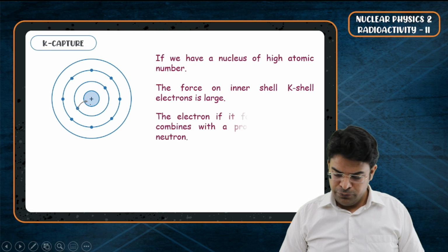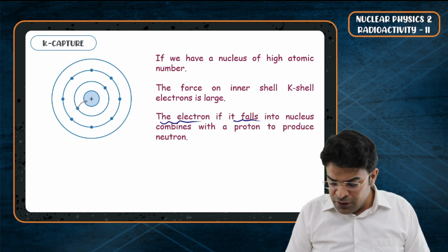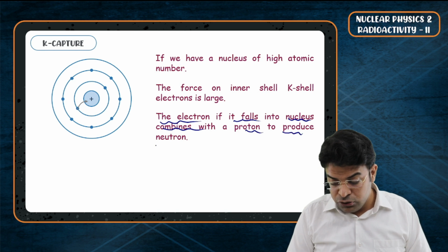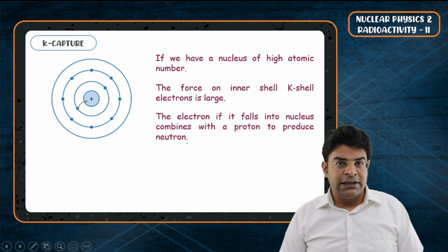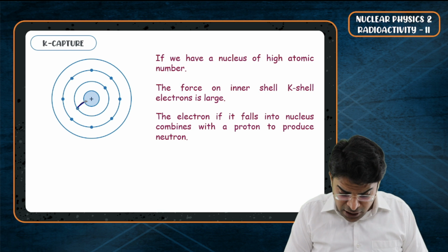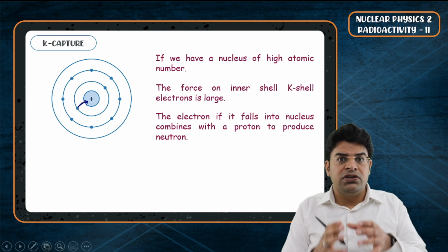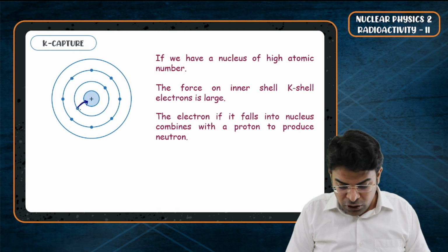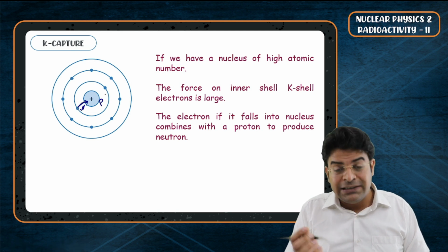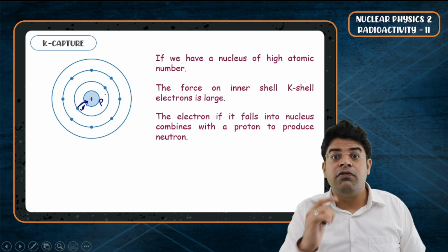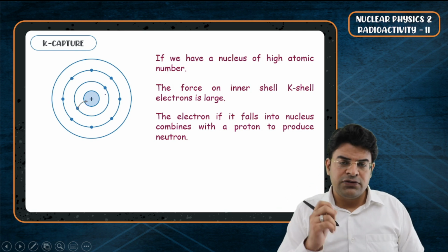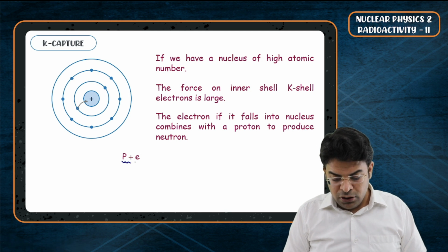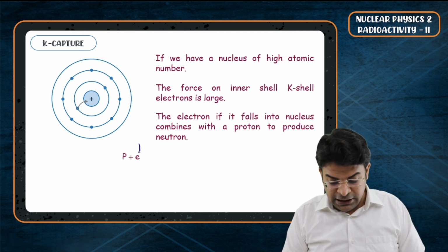Then what happens? The electron, if it falls into the nucleus, combines with a proton to produce a neutron. So once this innermost shell's electron has been captured, this electron has to combine with a proton present inside the nucleus to convert into a neutron. And this phenomenon is called K capture. So a proton plus an electron, the electron captured from the K shell.